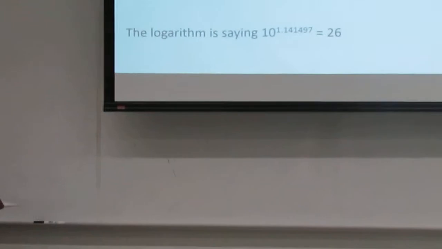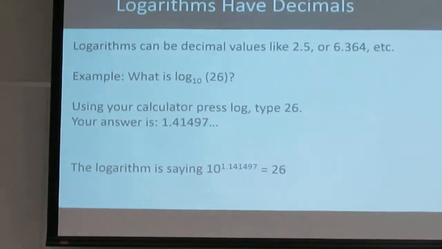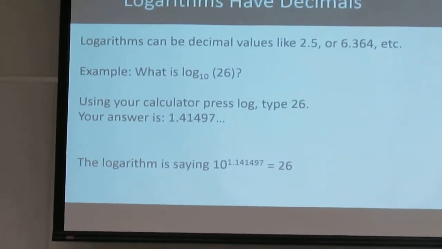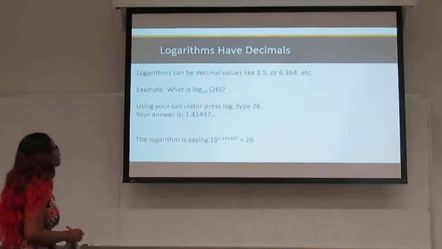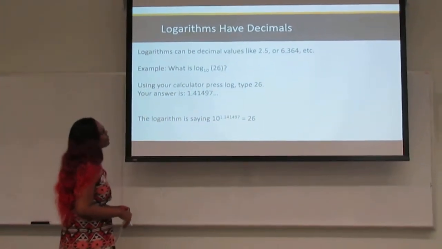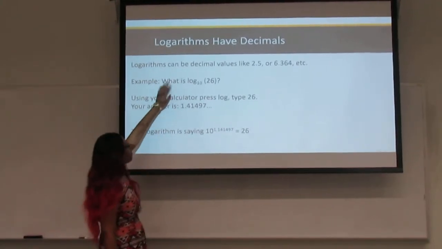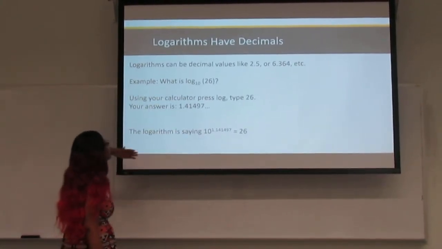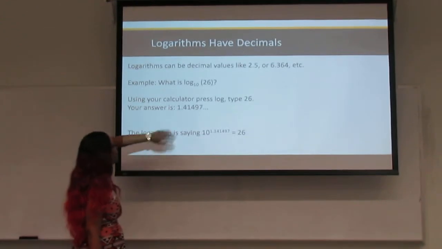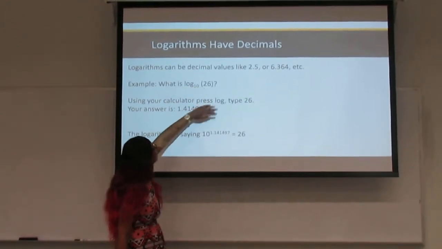If you haven't already guessed, logarithms can have decimals. Logarithms can have decimals like 2.5, 6.36. Example, what is log 26? Basically, this is a common log, so you can just say log 26.